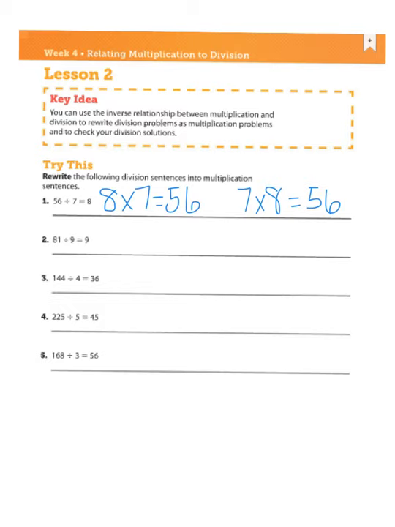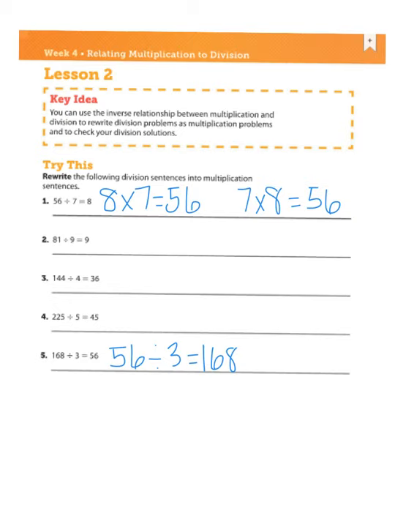168 divided by 3 equals 56. So you're going to take that division problem and turn it into multiplication. So 56 divided by 3 equals 168, or, I see that I already made a mistake, which is okay.